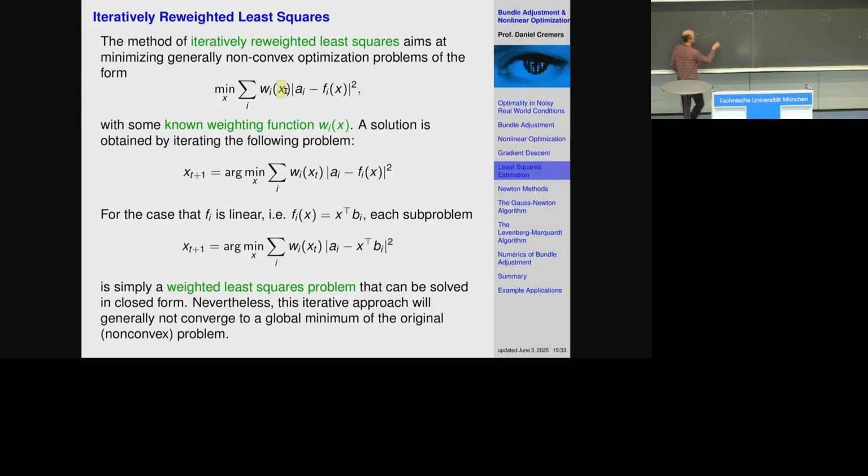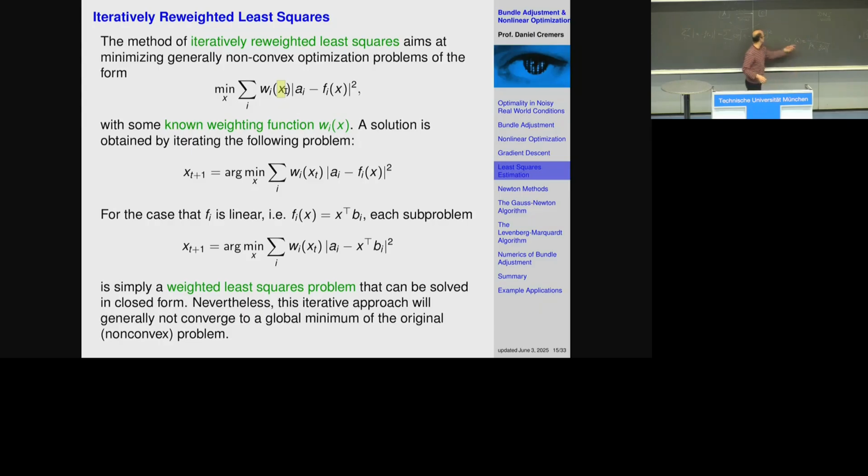And the way you can do that is you can write it as a weighted least squares problem where you do wi times ai minus f of xi, squared, and then these weights depend on x in the way that wi of x is just given by 1 over this expression, 1 over the norm of ai minus f of x.